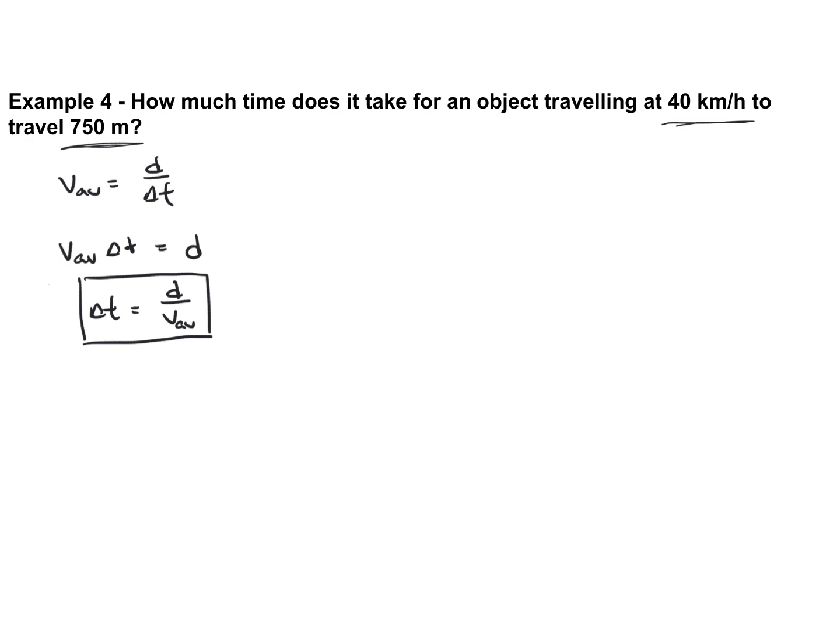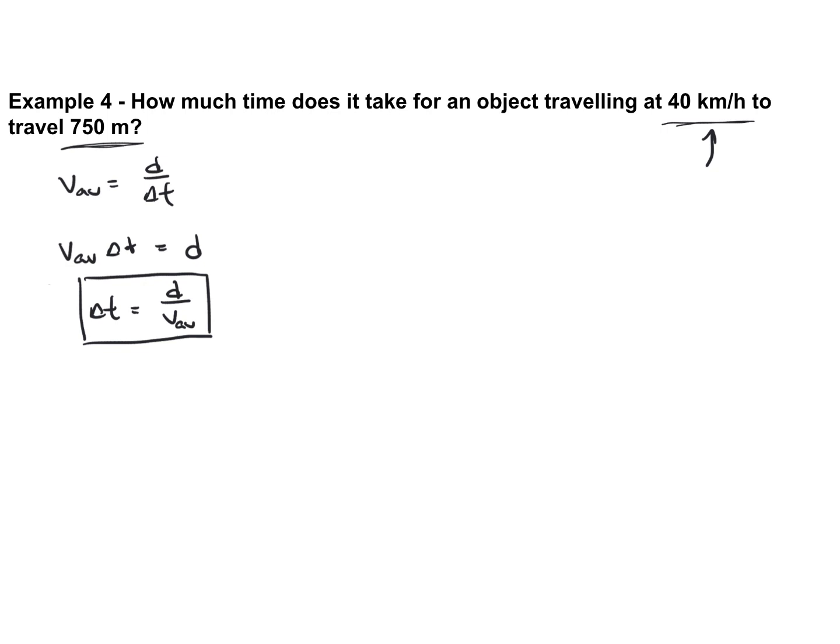So my two choices are convert kilometers per hour to meters per second, or I can convert the 750 meters to kilometers. Now, because I know that my answer is going to be not that much amount of time, I'm probably going to lean towards converting this into meters and seconds.